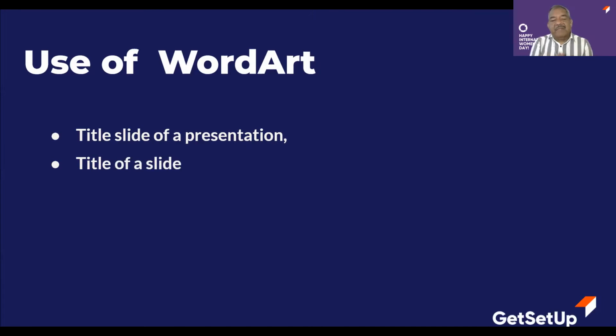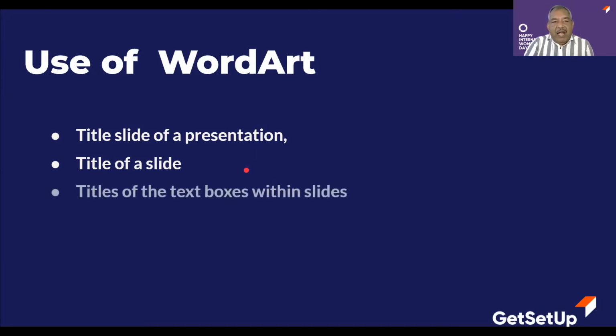If we are making something very grand, we can create the title of the slide also using WordArt. And titles of text boxes, any title to which we have to give more importance or which needs to be eye-catching.